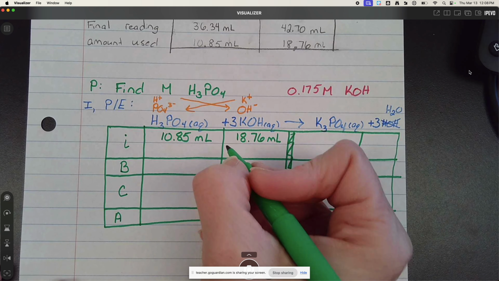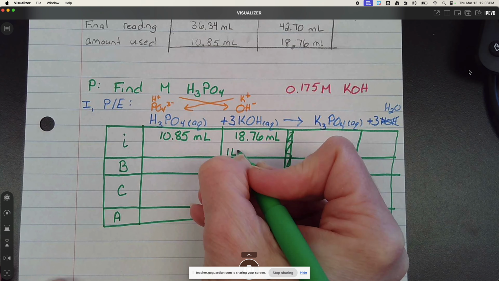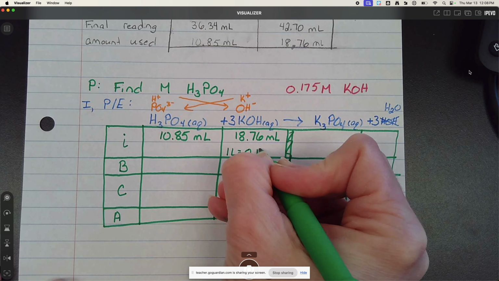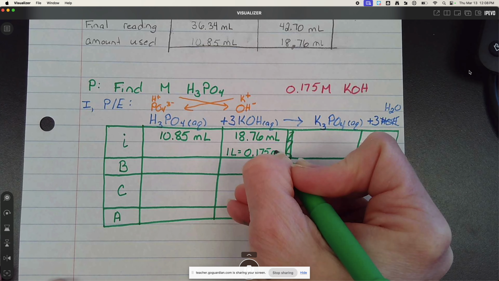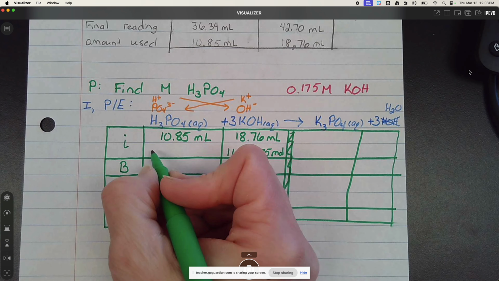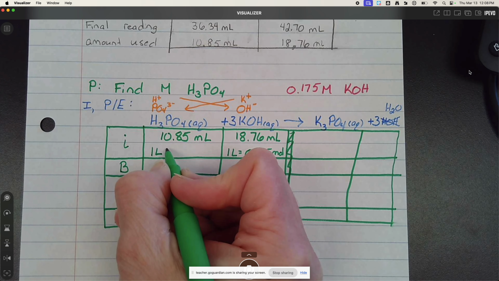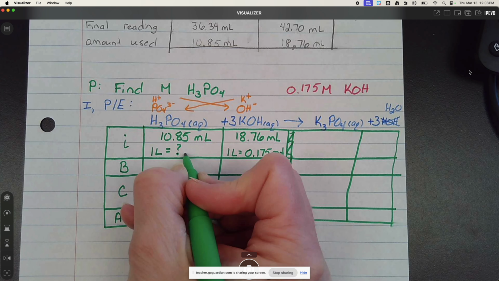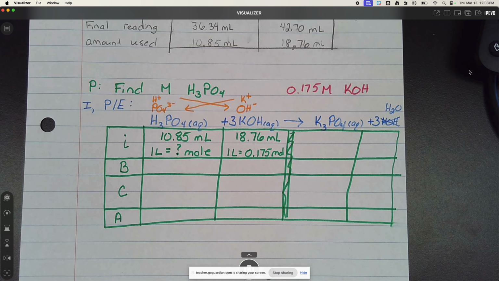That means for the potassium hydroxide, I know that every liter of this contains 0.175 moles of KOH. My problem is that I don't know how many moles are contained in a liter of phosphoric acid.